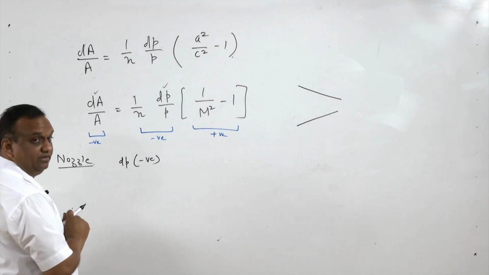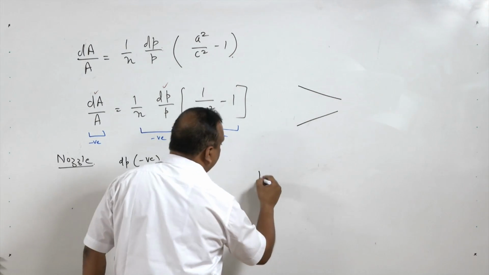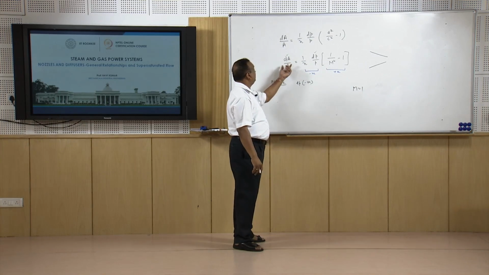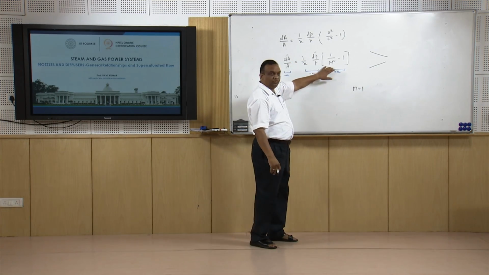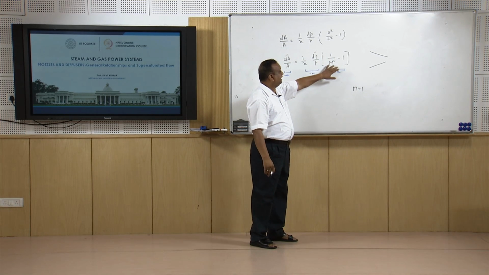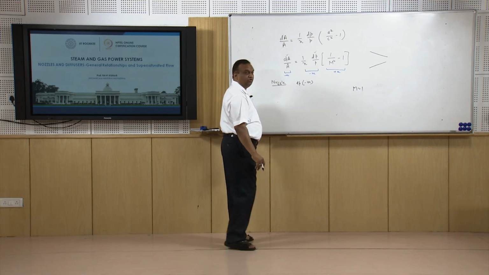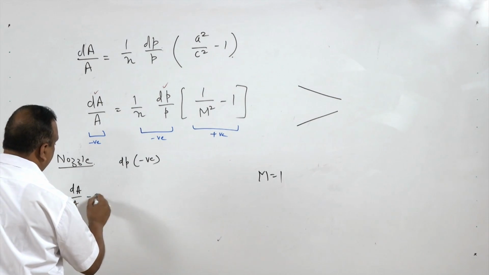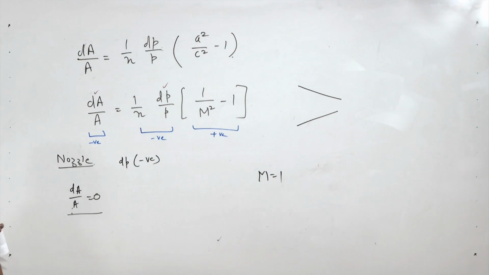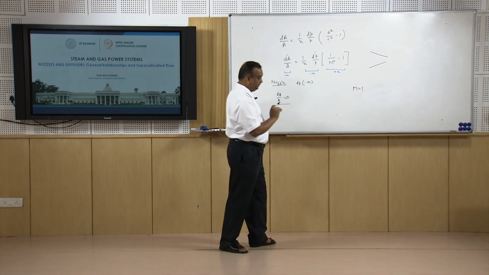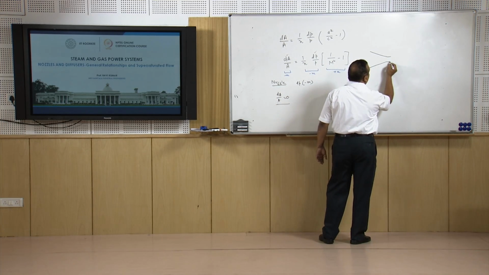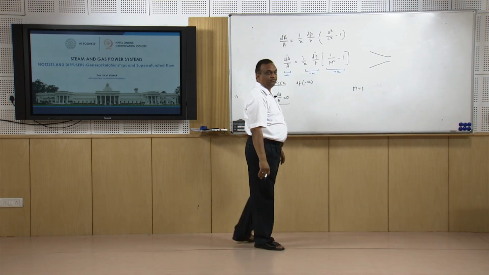Now second case, M is equal to 1. When M is equal to 1, 1 by M square is 1, and this expression is 0. When this expression is 0, dA by A is also 0. It means there is no change in cross section area for a sonic flow.